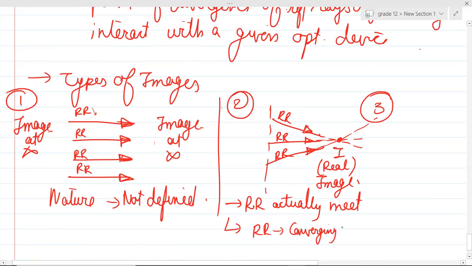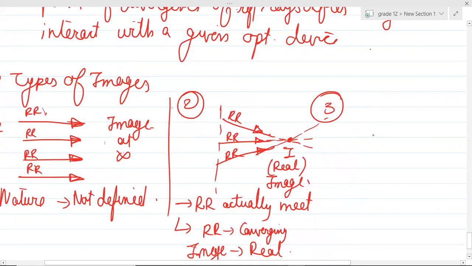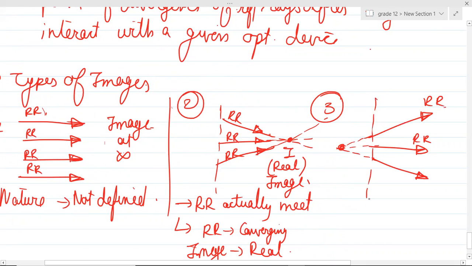Whenever reflected rays are converging, then the image is real, and the last case is whenever reflected rays are diverging. So whenever reflected rays are diverging, this is your instrument, right?